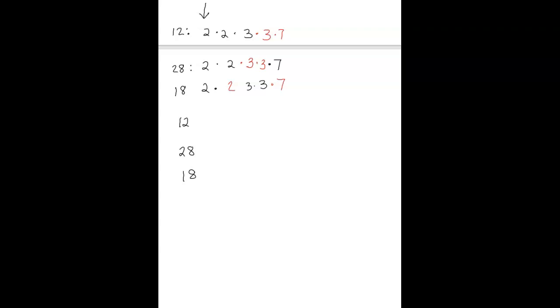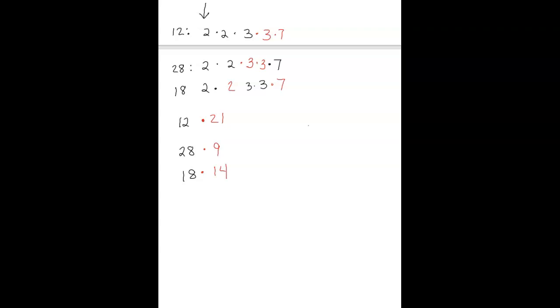If I take a look here on my value here, I know 3 times 7 is going to give me a 21. So I need to multiply this 12 by 21 in order to make that work. For my 28, if you take a look here, I've got the ones I did in red. All I've got there is a 9. So I've got 28 times 9. And then here, my 18, I'm going to have 2 times 7. That's going to get me a 14.